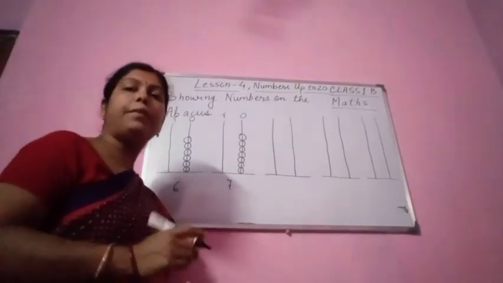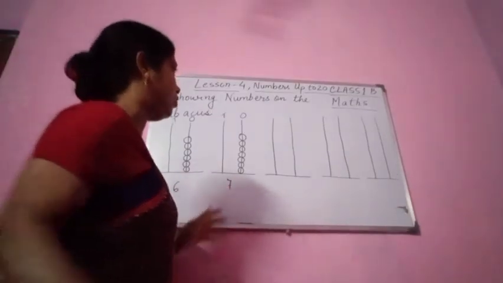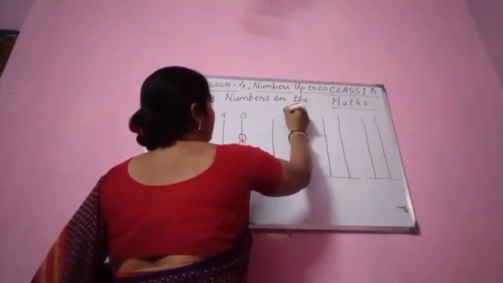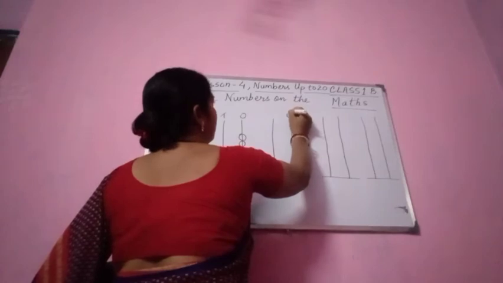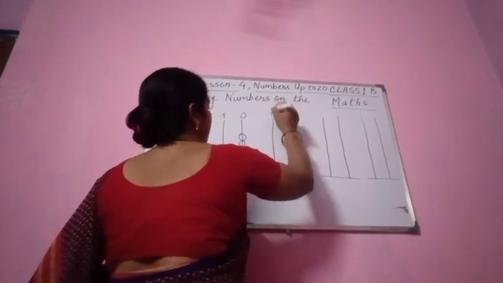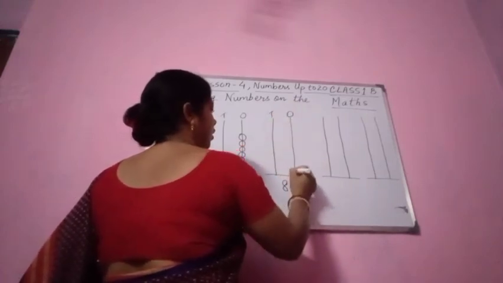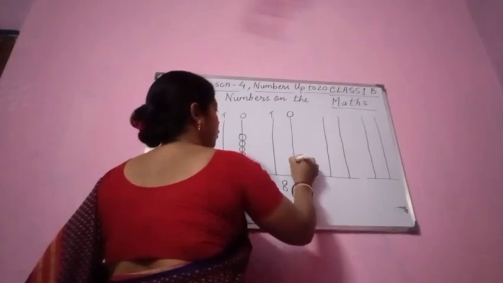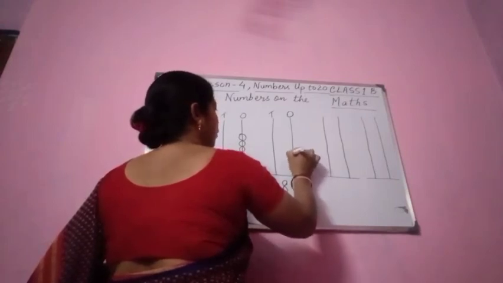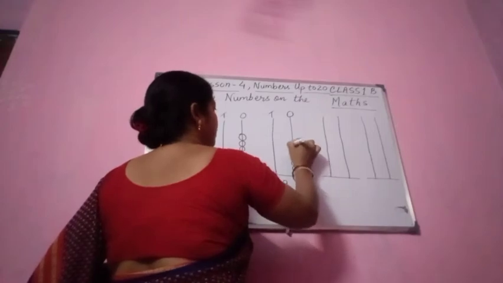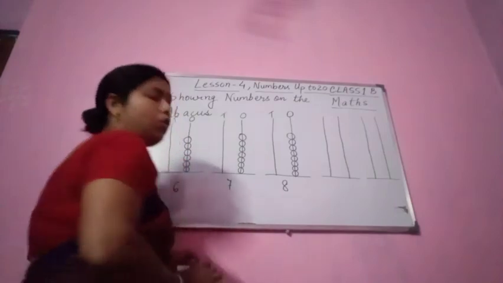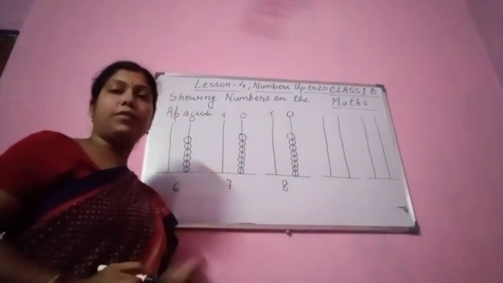Next we will be representing 8 on the abacus. Let us write down one sentence. So 8: 1, 2, 3, 4, 5, 6, 7, 8. So 8 on the abacus we have represented.